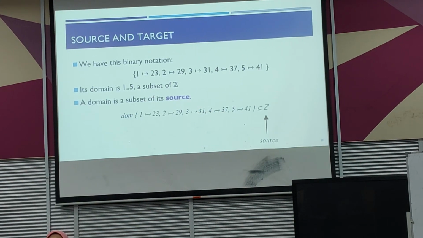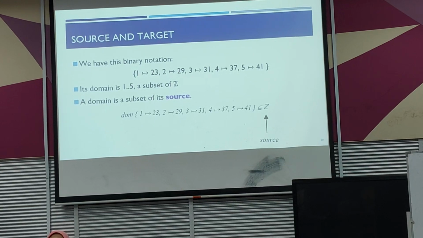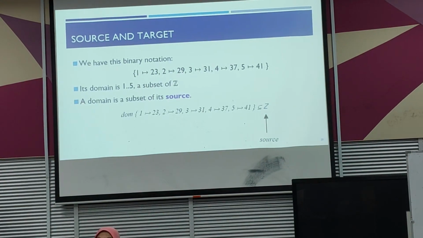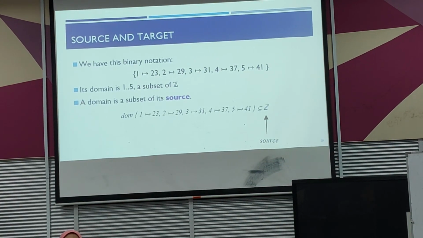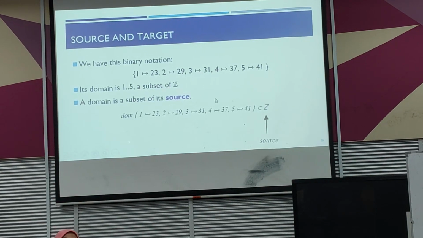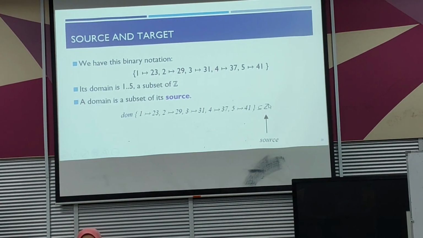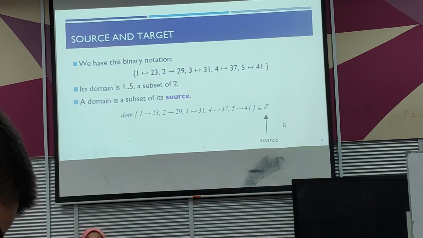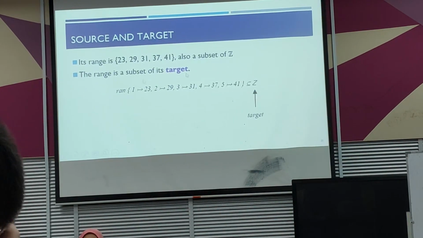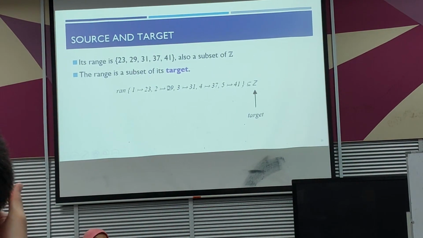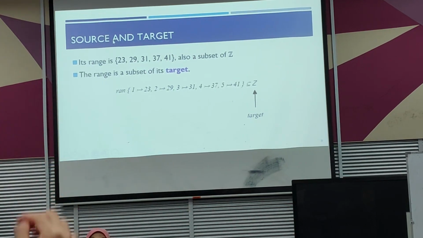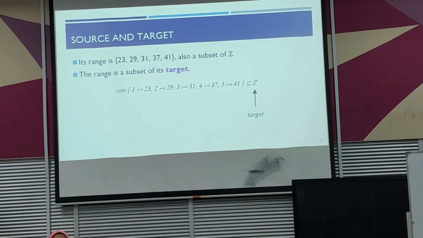There are also terms, not keywords, only terms to talk about source and target. Source is actually your domain, whereas target is your range. If it is source, we are talking about domain, and if you are talking about range, we call that target.